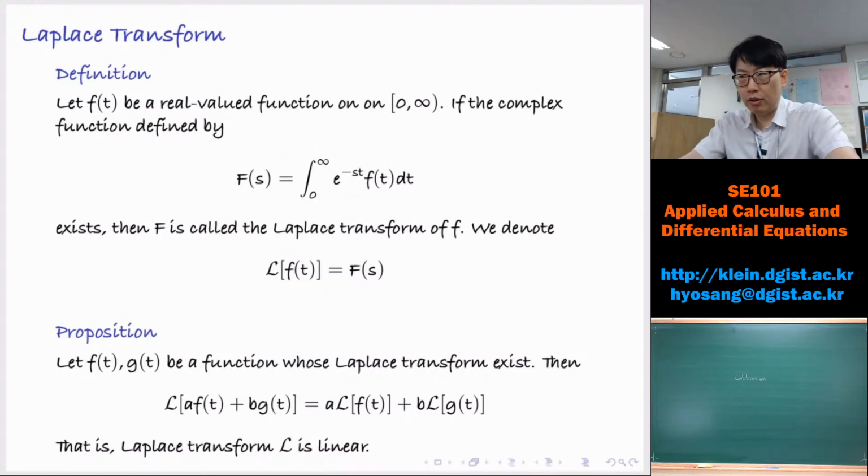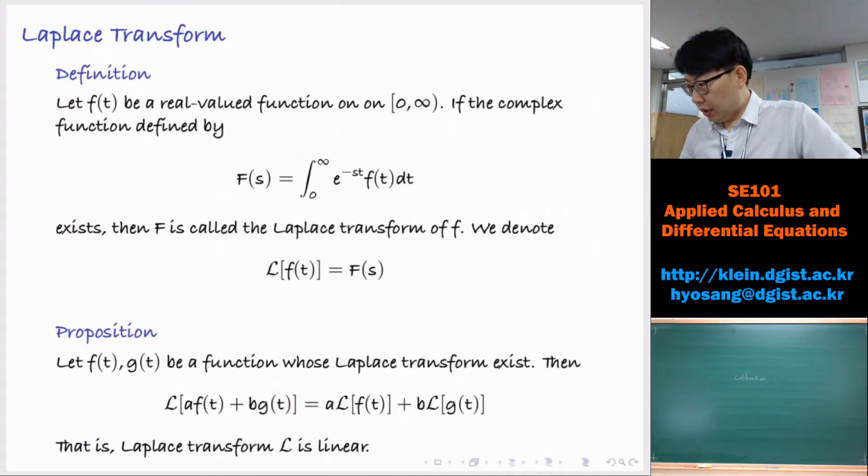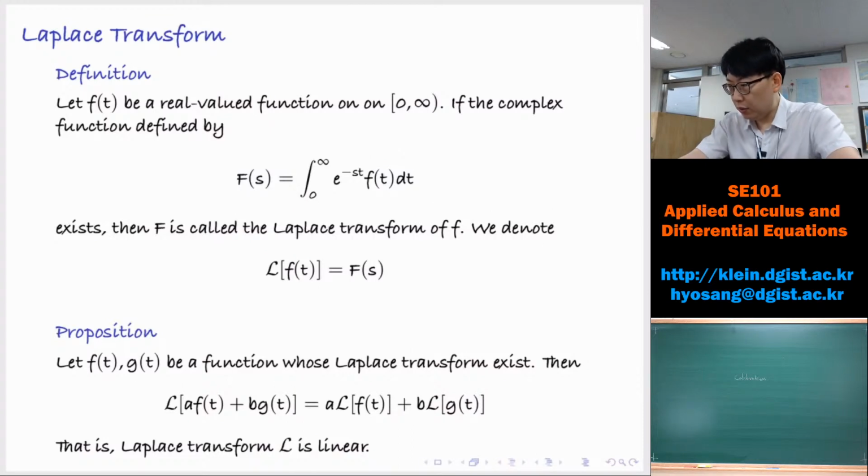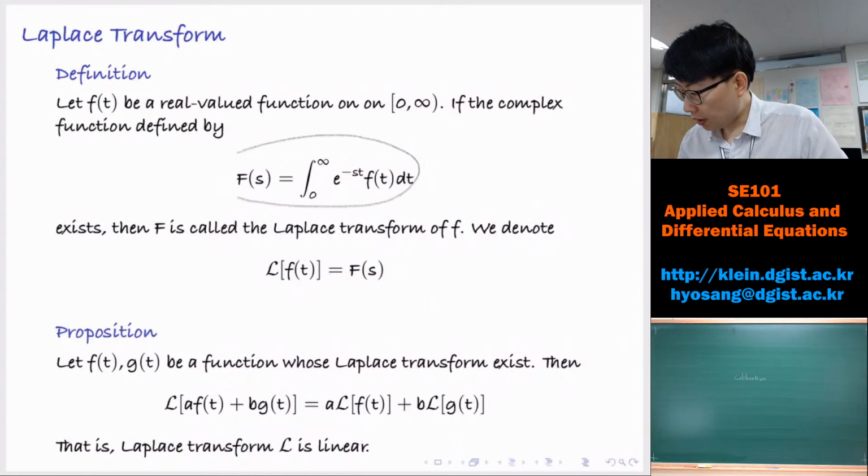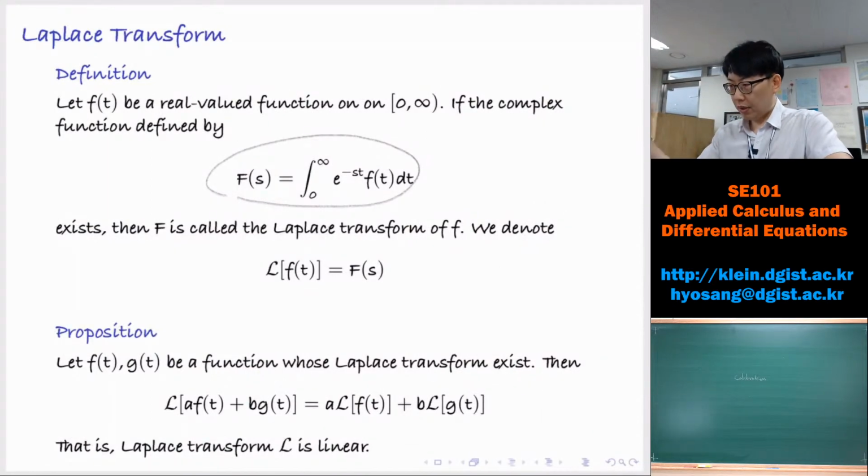So what is Laplace transform? It is defined in a weird way. It's using an improper integral. If you have a given function f of t on the interval 0 to infinity, then the Laplace transform is another function of variable s, whose value is defined to be the value of the improper integral.